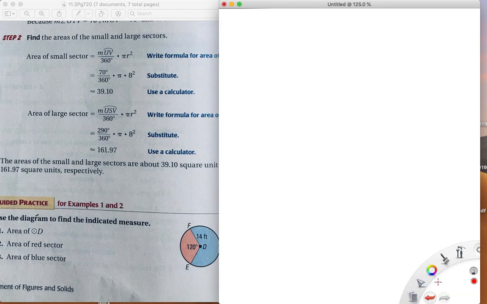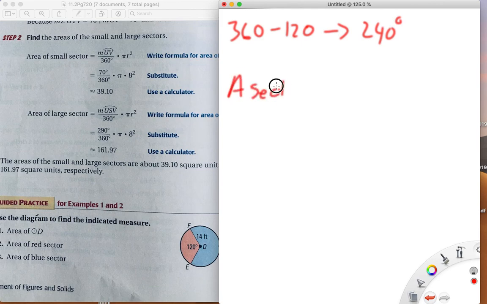To get the area of the blue sector, first thing I do is get the arc length in degrees. So I'll do 360 minus 120, and that gets me 240. So the blue sector is 240 degrees. I'm going to use that same equation. Area of the sector is equal to 240 over 360 times 615.75.